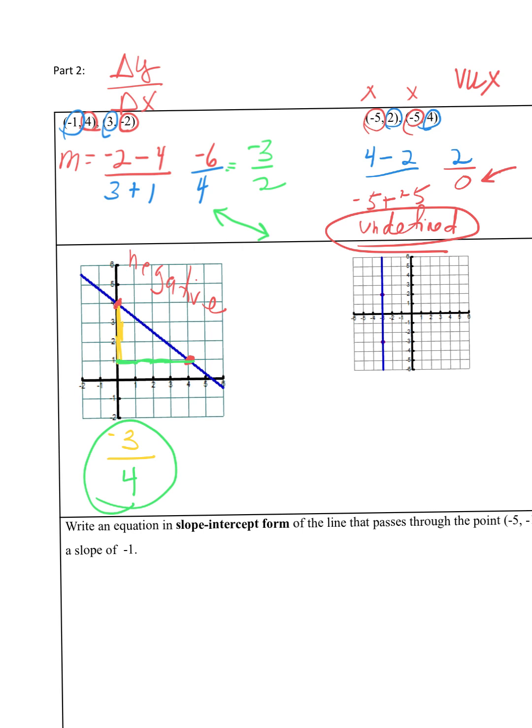If I look at the next line here, I immediately know that since this is a vertical line, undefined slope, all the x values are the same, this would be undefined. If I forget that, I could look at this and say, well, there's a point here and a point here.